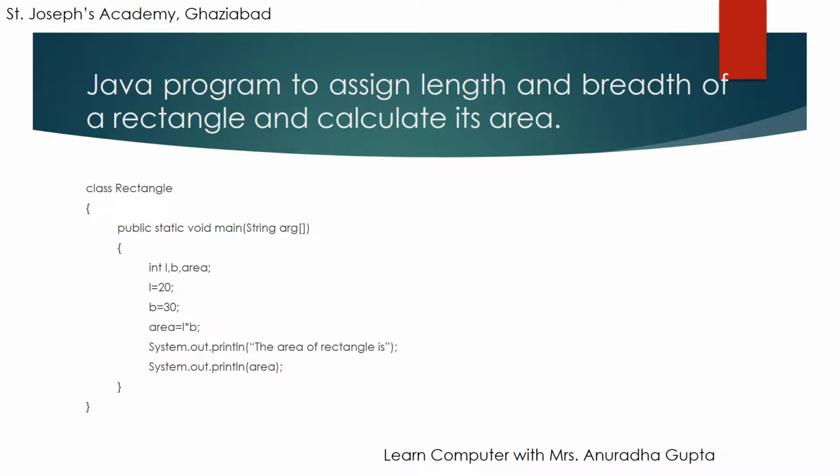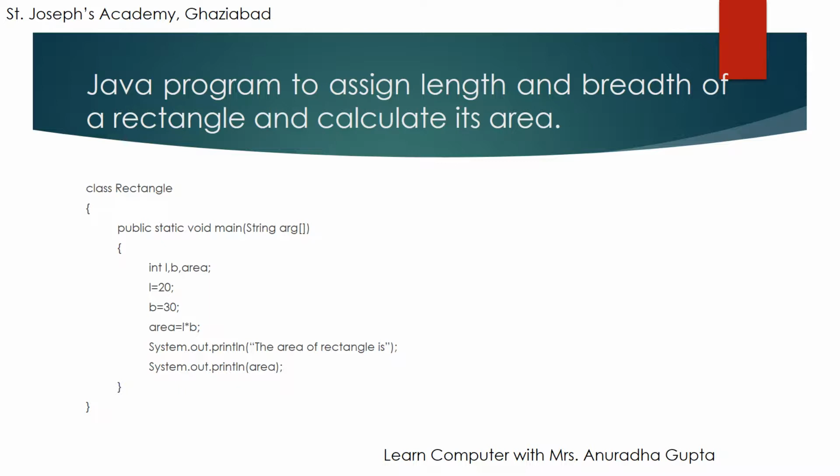In the next line we have assigned the values of length and breadth: L equals 20, B equals 30. In the next line we have put the formula for finding the area of a rectangle: area equals L into B.